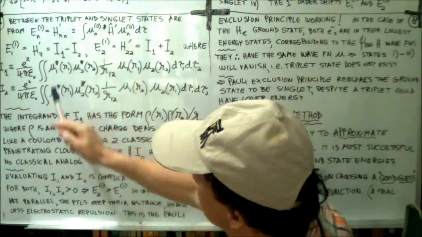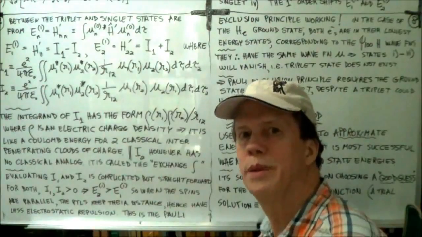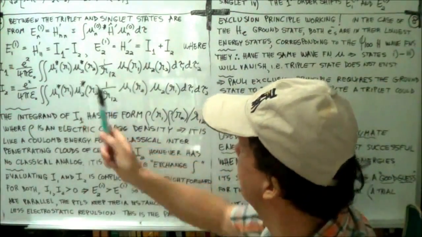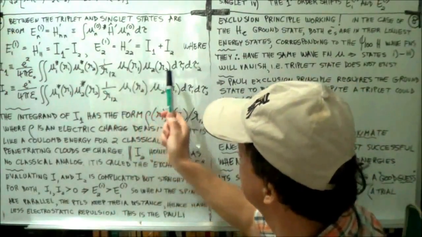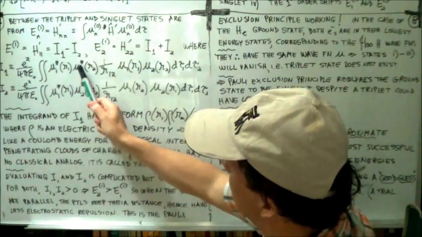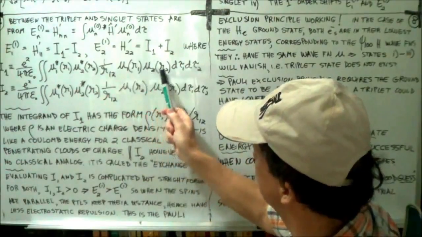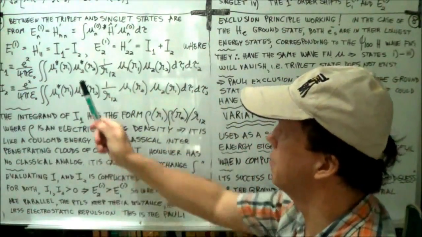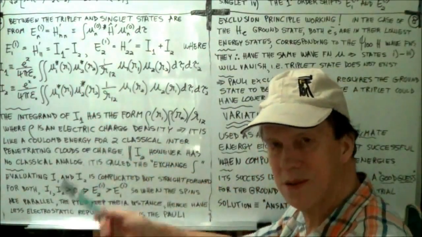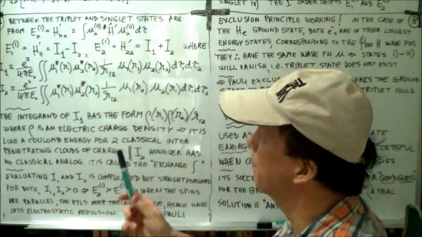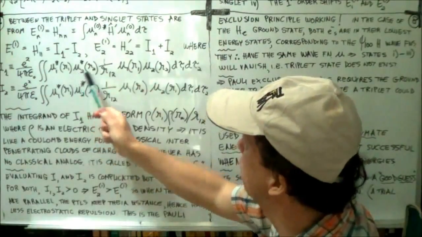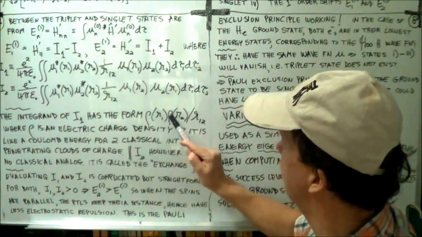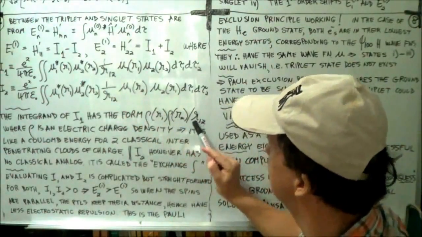So multiply these two together and you've got yourself a probability density, right? It's like a probability density for particle R1. And a similar logic for these two, U2 star of R2, U2 of R2. So you multiply those two together and you'll get the modulus of U2 squared. That's from Born's interpretation. That's a probability density for particle 2.